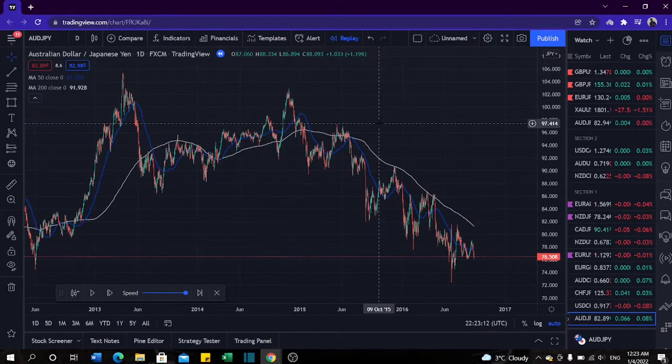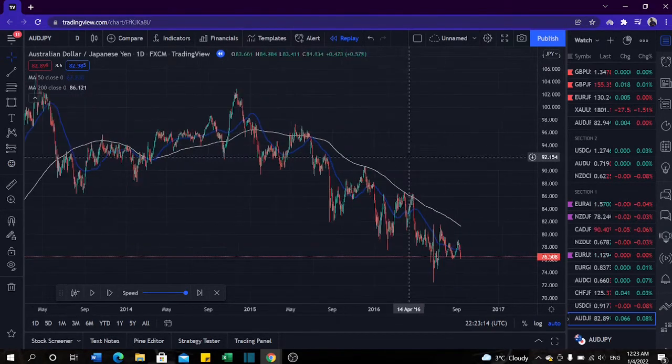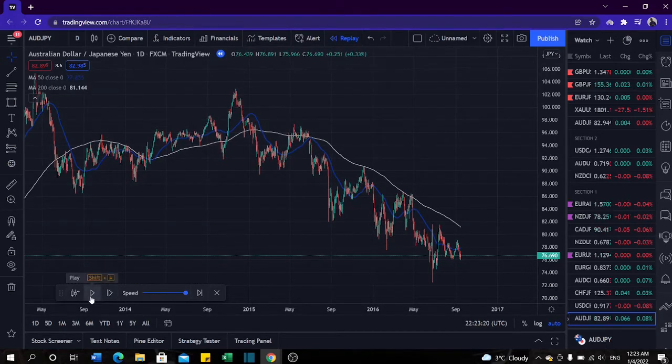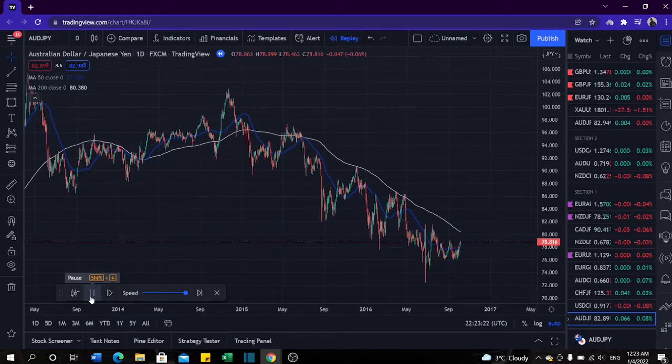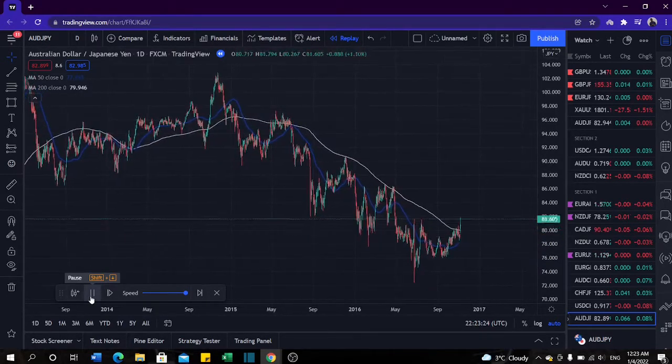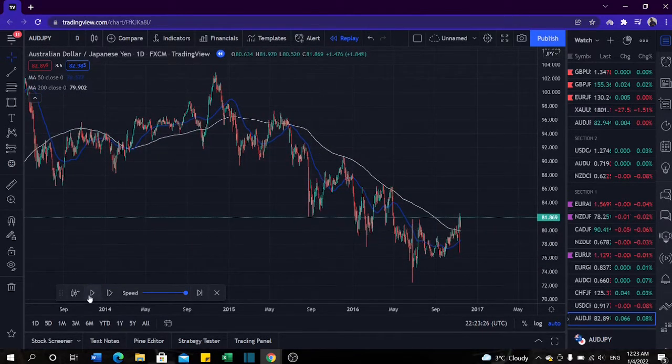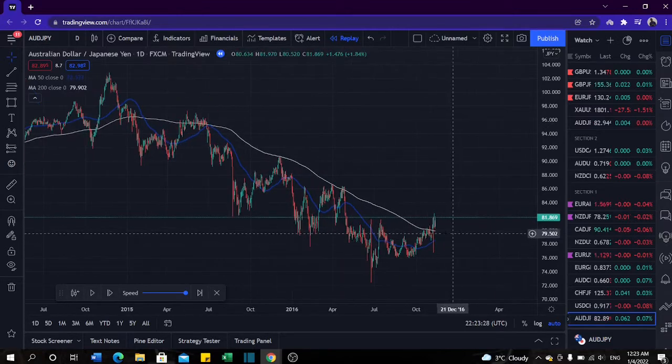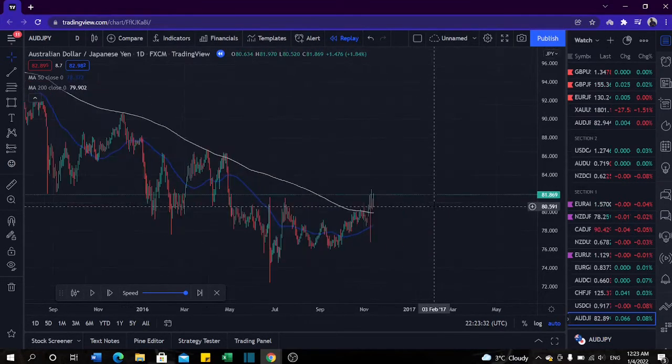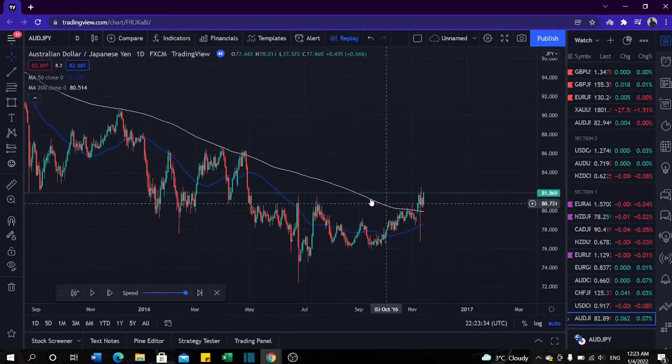So let's go to an example where the price is actually going to cross the 200 and the 50 moving average. Let's go full speed. So let's pause here. Price has actually tried to break over the 200 moving average.